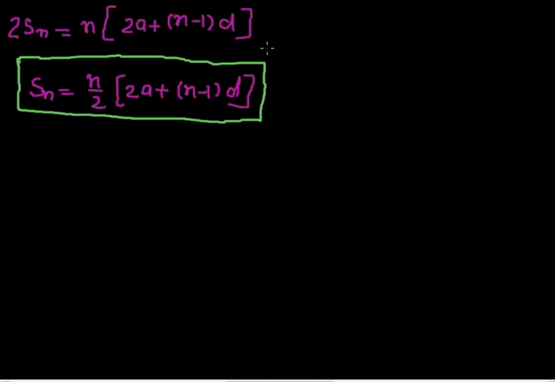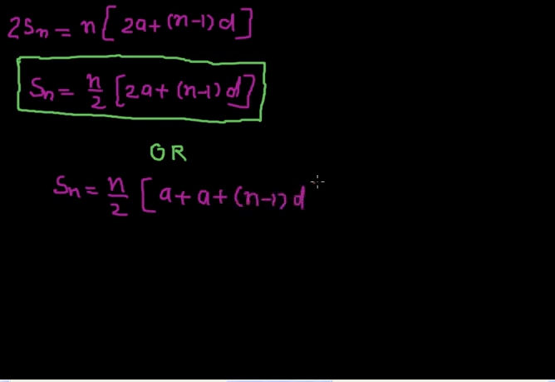Now if you want to write it in another form, we can also write Sn is equal to n by 2, and I am splitting this 2a into a plus a, and the last part (n minus 1) into d. Now see, the expression a plus (n minus 1) into d is what?